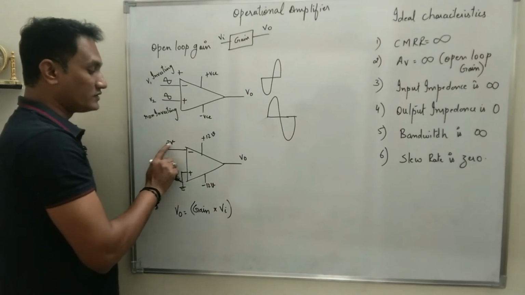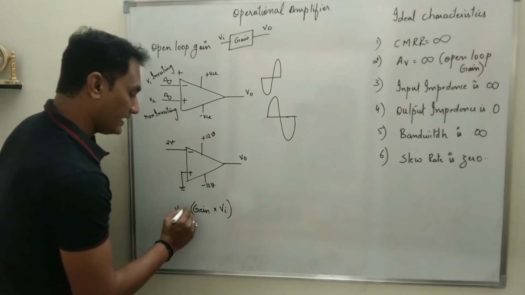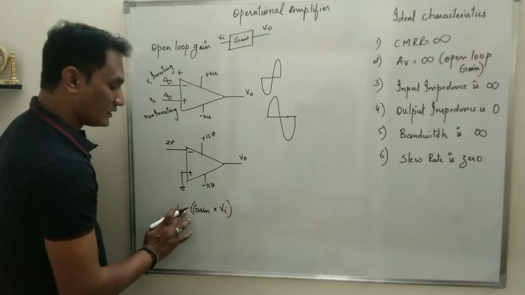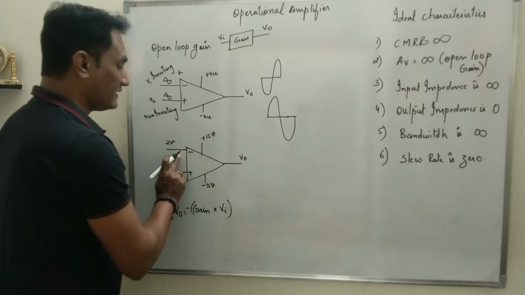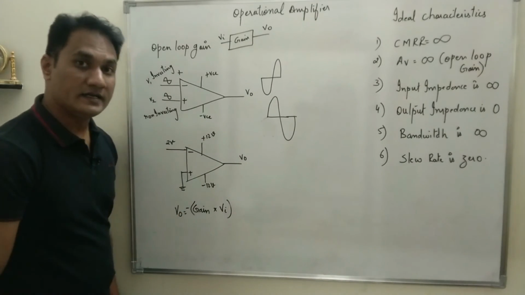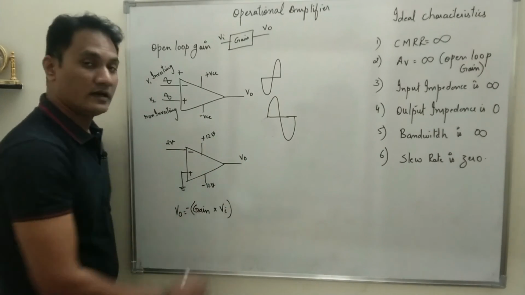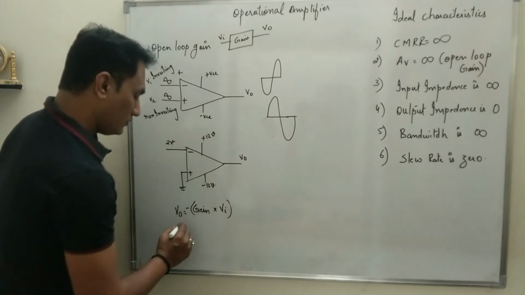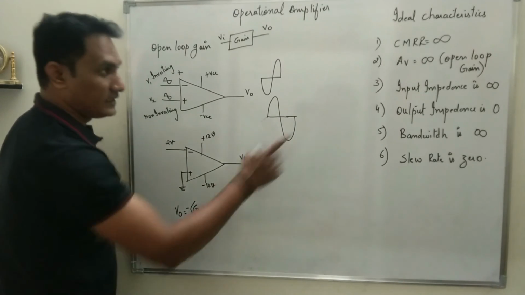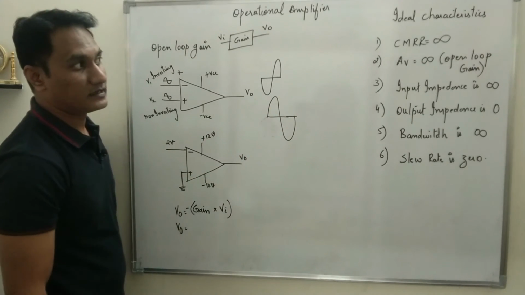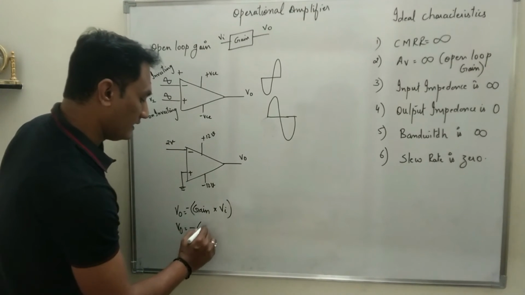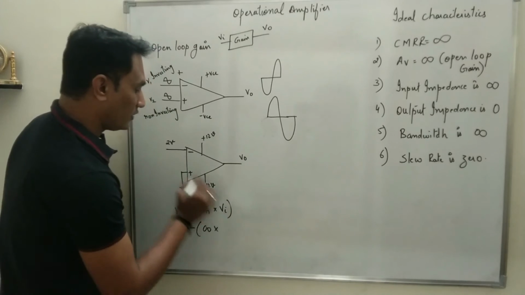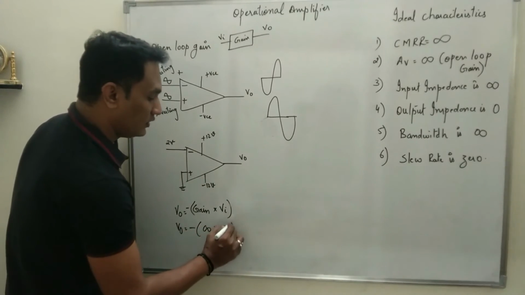If you are applying positive, you are going to get negative. So let's say V0 is equal to minus gain into Vi, where the minus sign indicates there is a phase shift of 180 degrees between input and output. Now what is gain? We have clearly mentioned in the ideal characteristics that open loop gain is infinite, so it will be minus infinite times Vi, the positive value 2 volt.